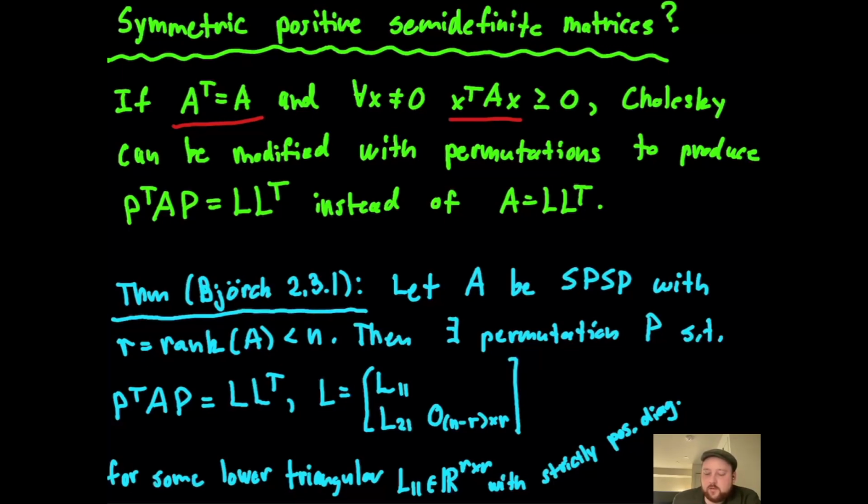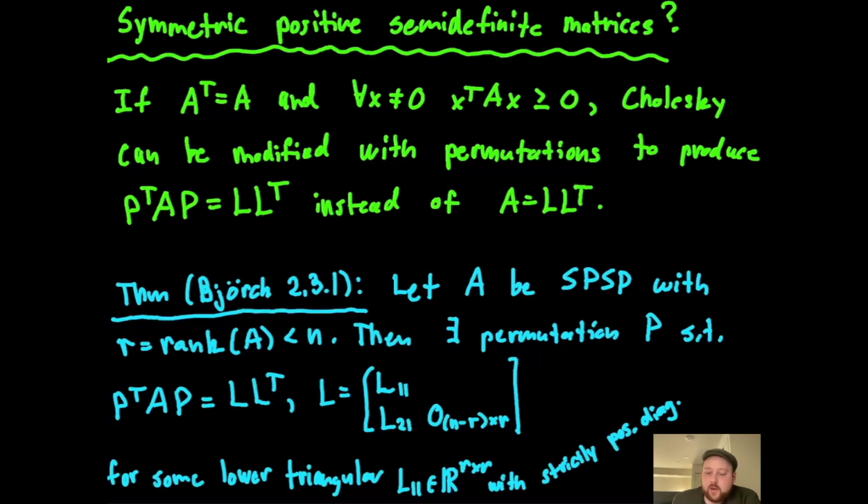And so this is why it's called semi-definite. Right? So if it could be 0, if I'm not assuming that it must be strictly greater than 0, then it goes from being positive definite to now only positive semi-definite. Right, so I'm worried about when A has now possibly some 0 eigenvalues. That would be the equivalent kind of statement. So the question is, can we modify the Cholesky algorithm to still work in this case?